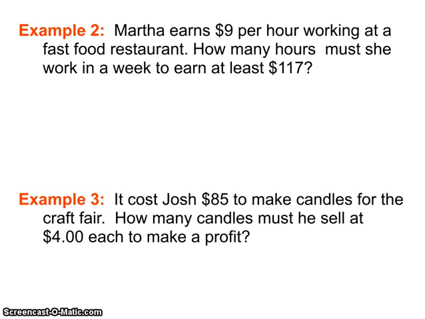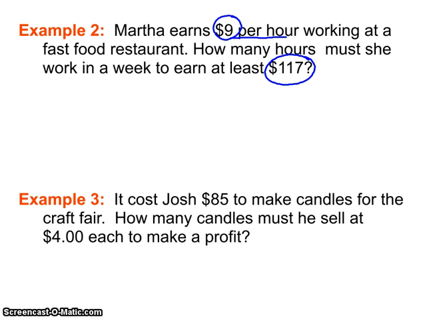Example 2. Martha earns $9 per hour working at a fast food restaurant. How many hours must she work in a week to earn at least $117? Okay, think about your crucial numbers here. Go ahead and circle them. $9 and $117.